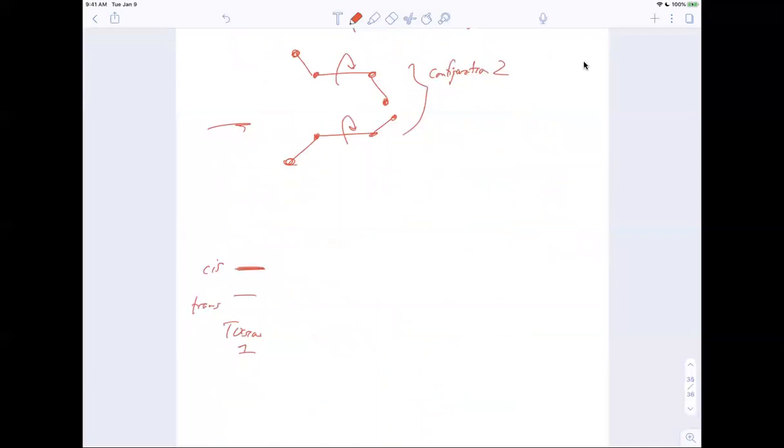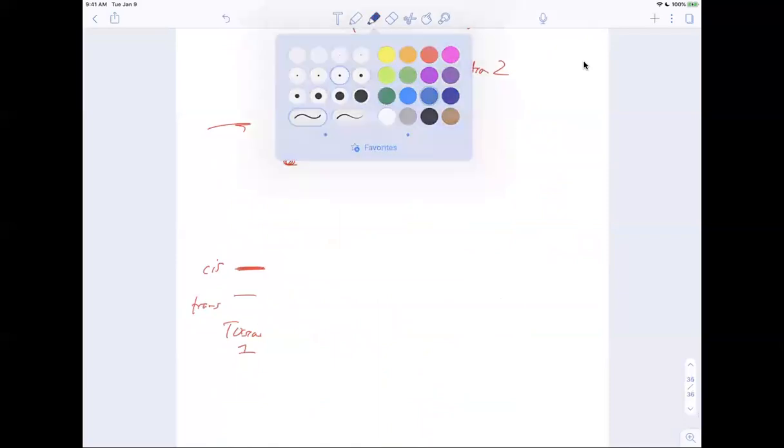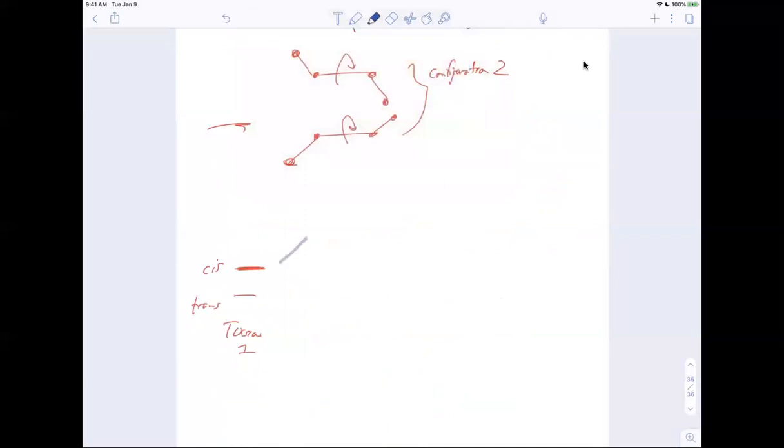So if the first one was cis, the second one can be, again, cis or trans. And if the first one was trans, the second one can be cis or trans. So this is torsion 2.